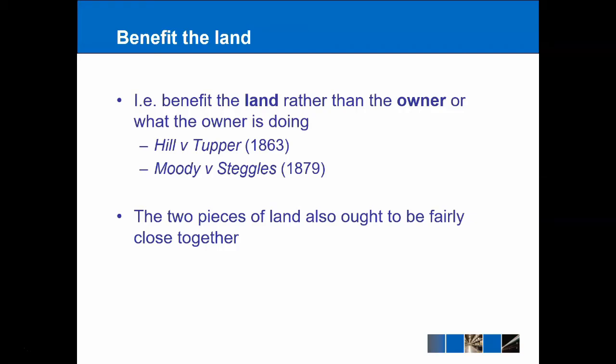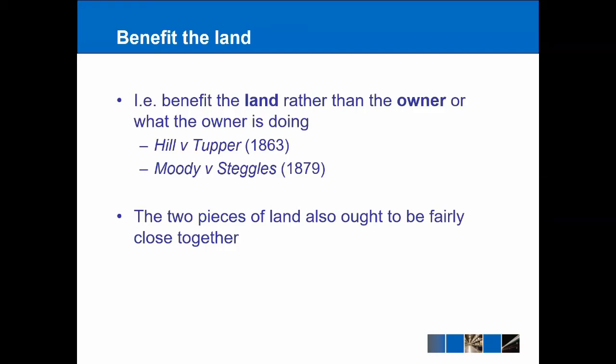But surprisingly, the courts held that this was an easement because it was sufficiently connected to the land in order for it to be considered an easement in that way. So we've got a couple of cases there that almost seem to contradict each other. And I think the idea to take away from this is that what is benefiting the land rather than the owner is not really clear in the law. So definitely something to discuss if it comes up as a problem question.